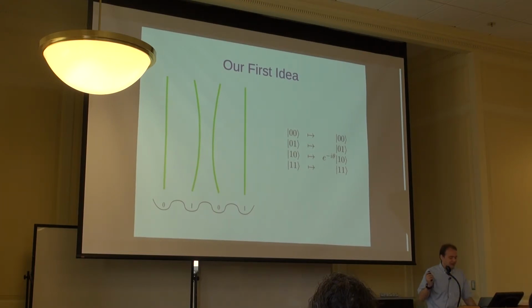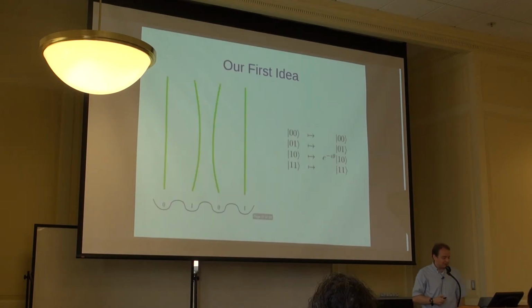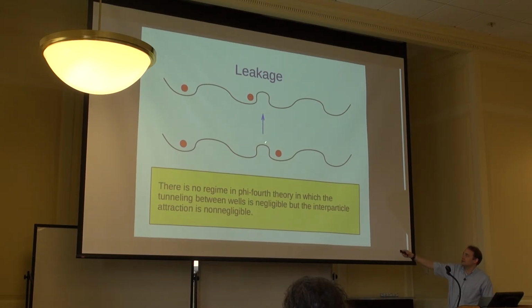But this does not actually work, unfortunately. The reason is, when you momentarily bring these middle 2 wells together, you can have leakage out of the space that we're thinking of as encoding our valid qubit states. For example, suppose we start with the left qubit in the logical 0 state and the right qubit in the logical 1 state.